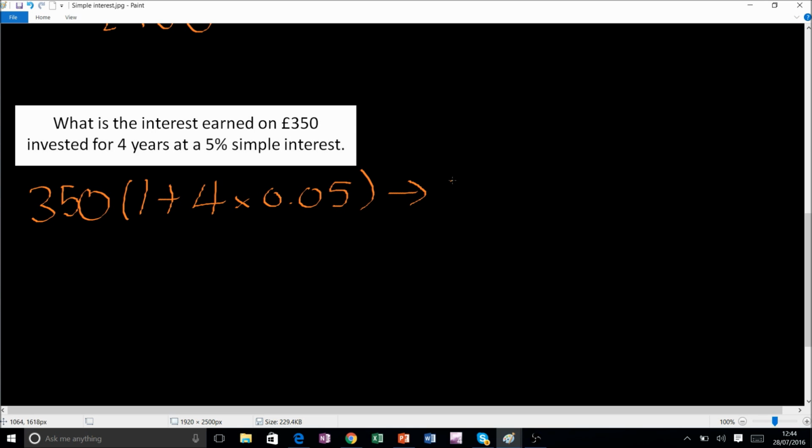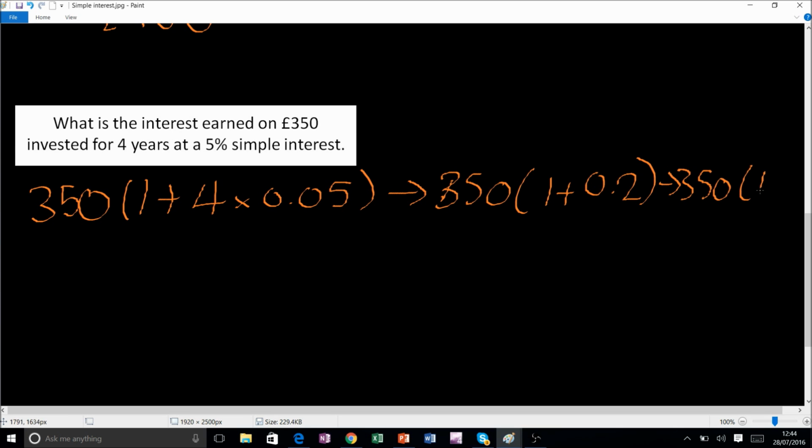Okay, simplify it. So we've got 350 brackets 1 plus 4 times 0.05, which is 0.2, and that's going to give us 350 brackets 1.2.